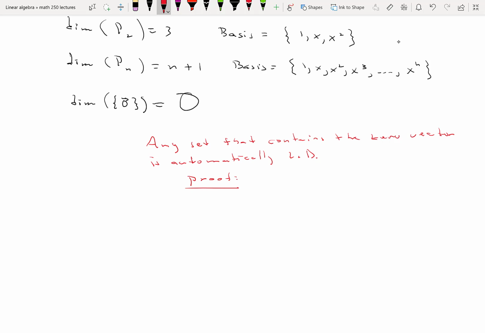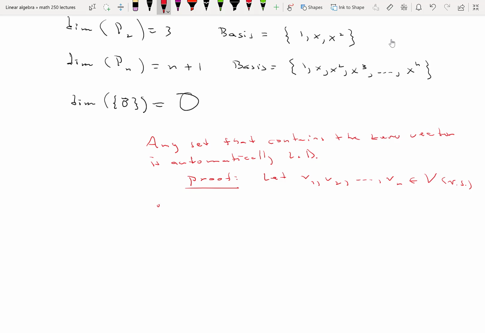Let's let, oh, not C's, sorry. These should be vectors. Let's let V1, V2, all the way up to Vn be elements of V, a vector space. I have a hard time writing today.